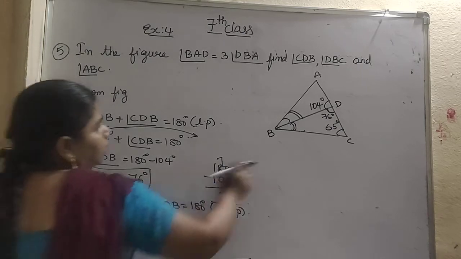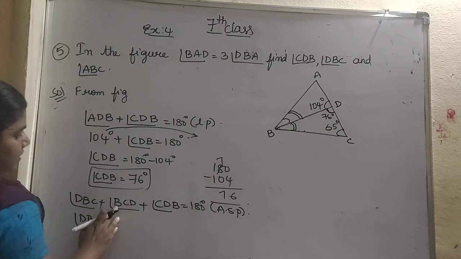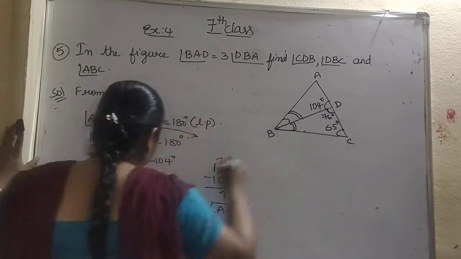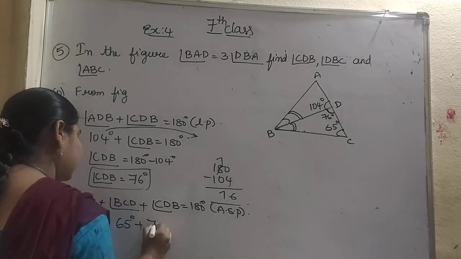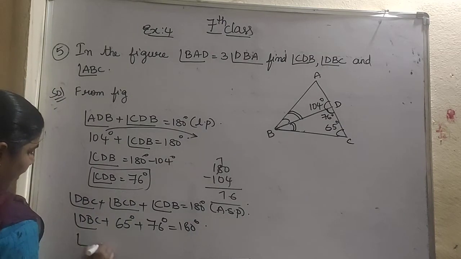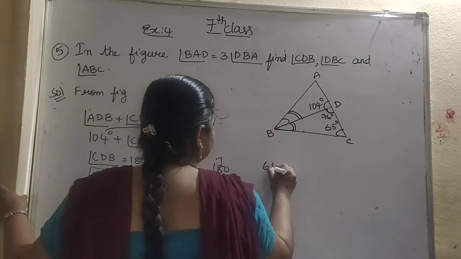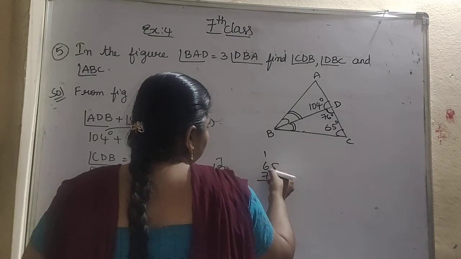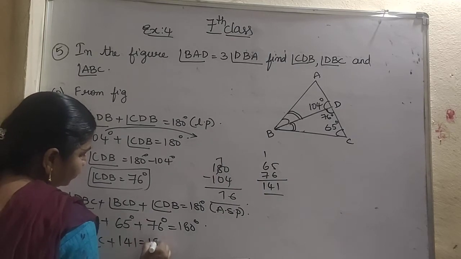DBC value we don't know, so we write it as it is. BCD is 65 plus CDB is 76, equal to 180°. So angle DBC plus 65 plus 76. 65 plus 76 is 141, so we get 141 is equal to 180.